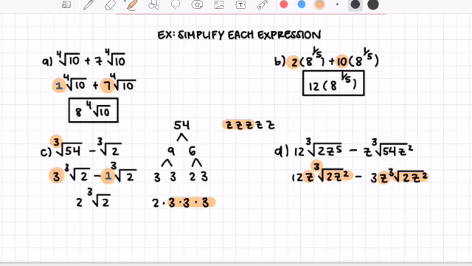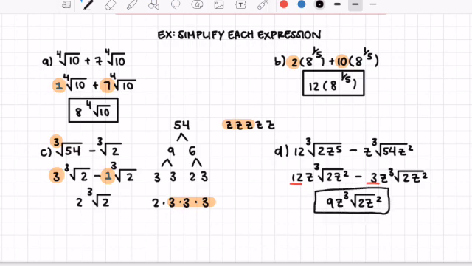So since all three are exactly the same, then I can combine it as 12 minus 3, which would just equal 9z to the power 3, or sorry, z cubed, cubic root of 2z to the power 2 is our final answer. Done. Okay. All right.